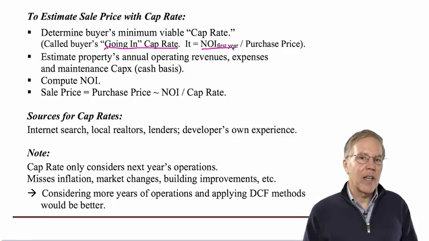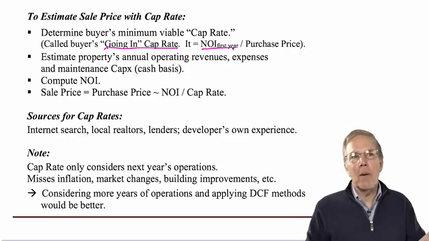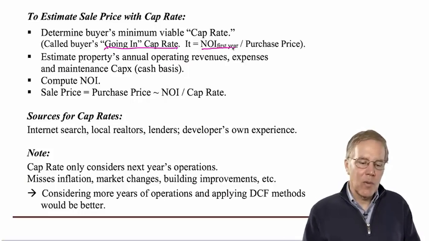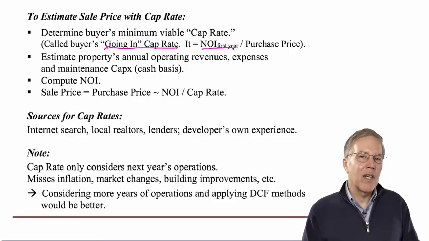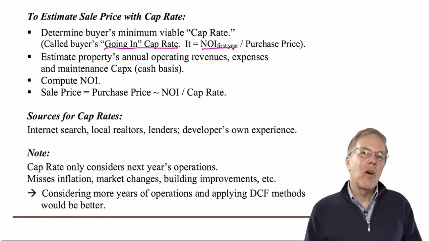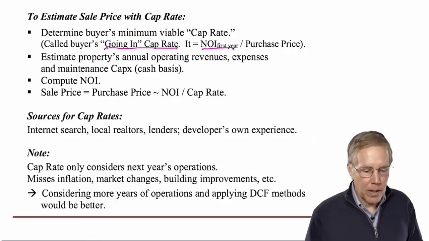Rather than saying I don't want to pay more than $5 million for this property, where they typically start, and this is why cap rates are so important, is they'll say, in this environment, in this area, I think I need a cap rate of 8% or 5% or something like that. So from CAG's point of view, we need to guesstimate what those prospective buyers are thinking.